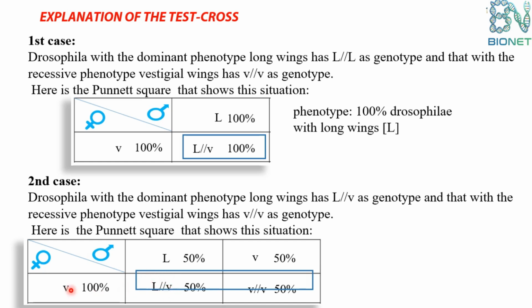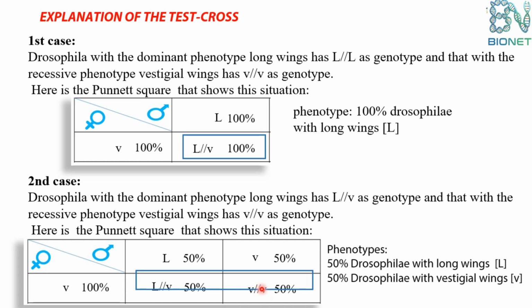V from the female with V from the male will have the genotype VV, and the Drosophila will have vestigial wings. So 50% of the Drosophila are with long wings and 50% with vestigial wings.